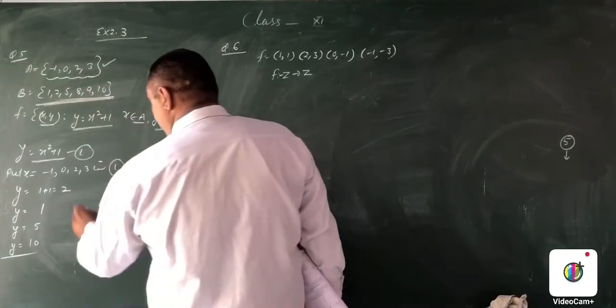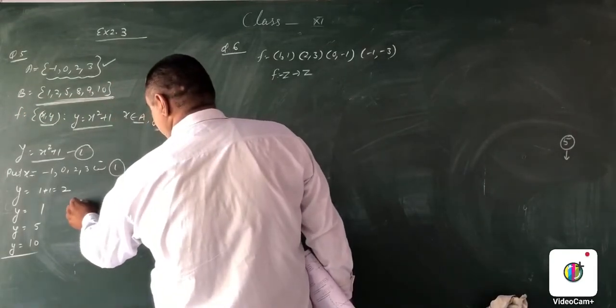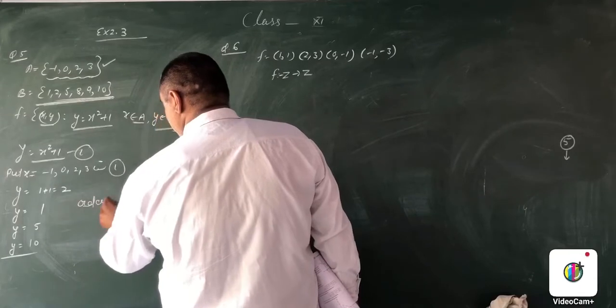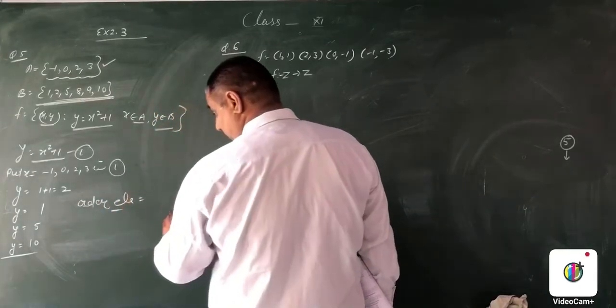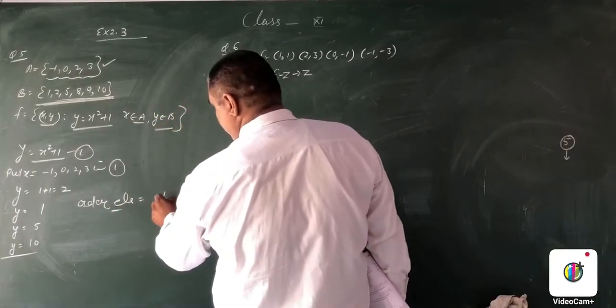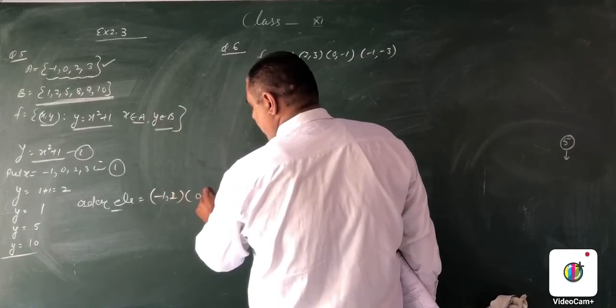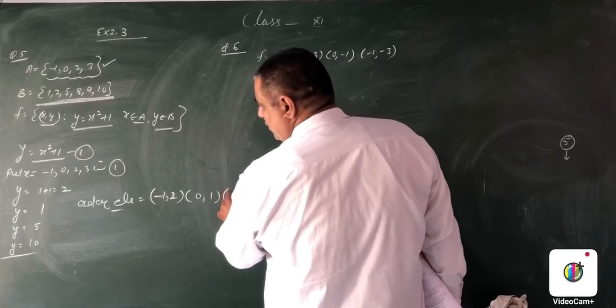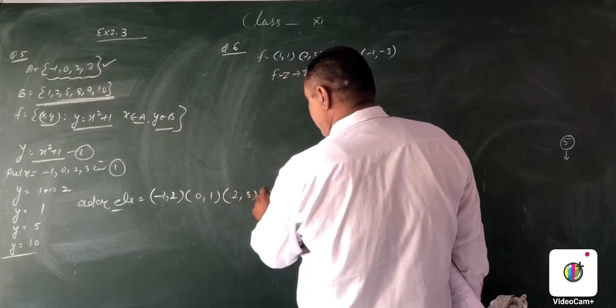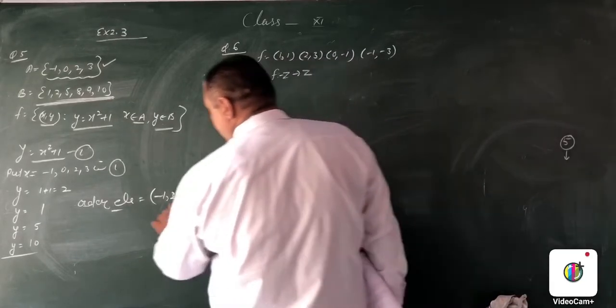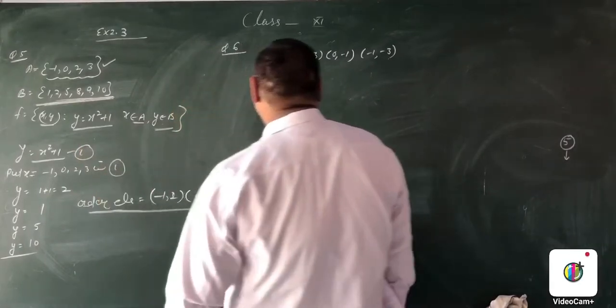So now the ordered pairs, the elements of this function, are written in the form: we put the value -1, we get 2; 0, 1; 2, 5; 3, 10. These are the elements of these functions.